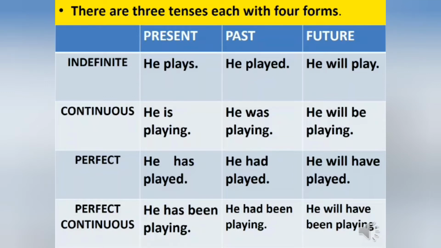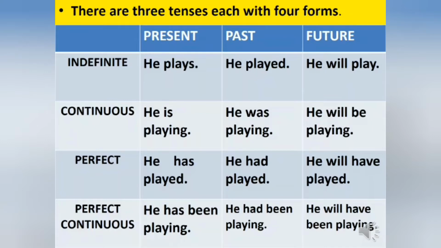Now he had played. When there are two past actions related to each other, the former is written in past perfect. That is past perfect, actually children, all the past things we always write in past indefinite tense.